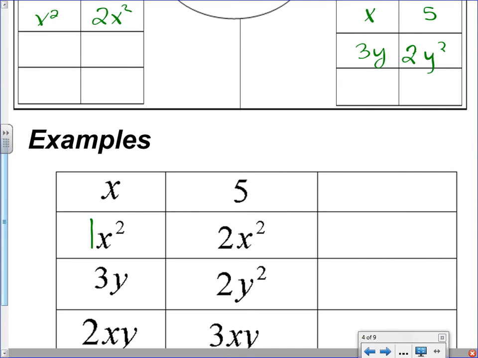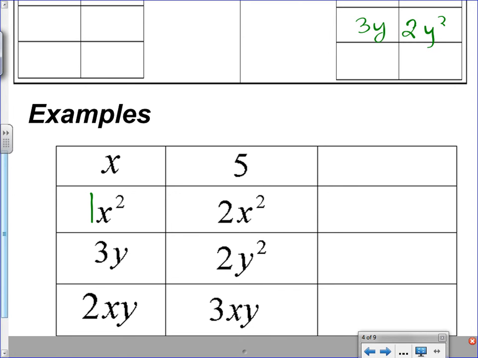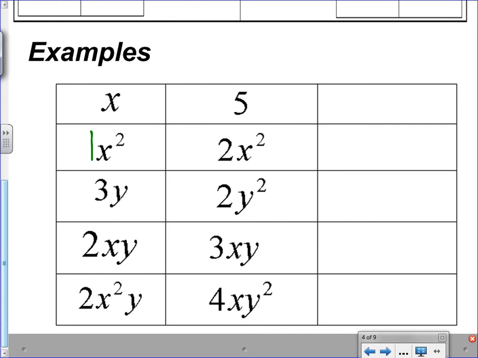Okay, another example. Carissa, 2xy, 3xy. Is that an example of a like term or not an example? Very good. Why? Excellent. 2xy, 3xy. The variables are exactly the same. Are we feeling okay with this so far? Okay, how about this one, Vanessa?